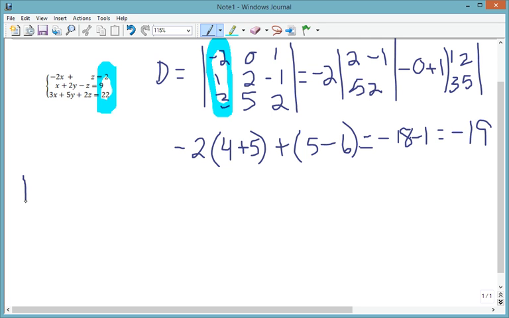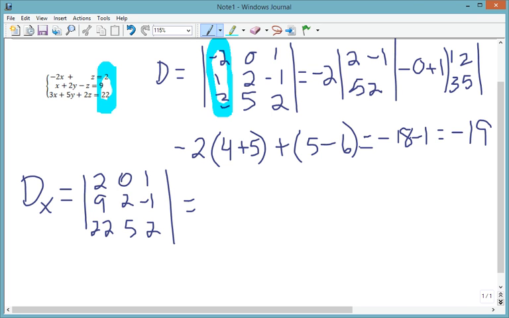Okay, so we're going to call this D sub x, because this is for the x answer, and it's going to be the determinant. Now, instead of all the numbers that would be in the x column, I'm going to put the answer column. And then the rest of them are the same as they were in D.